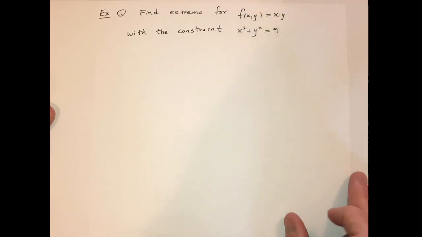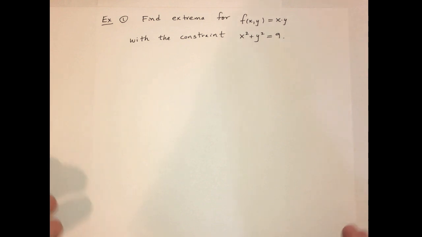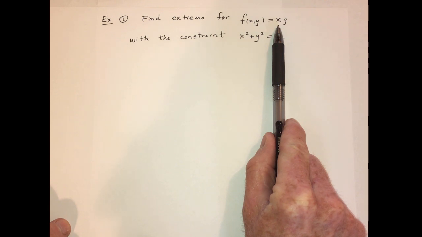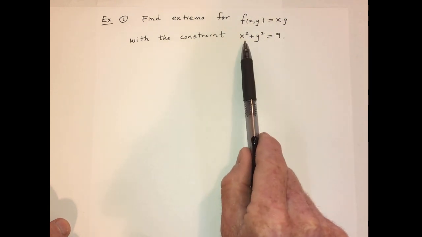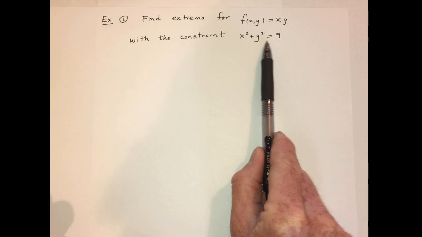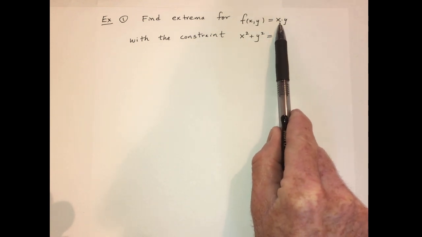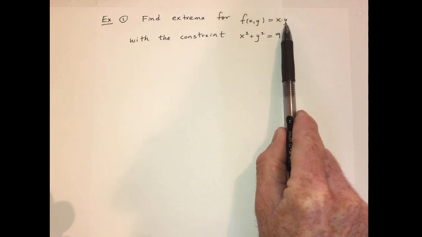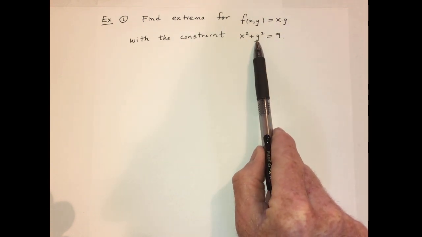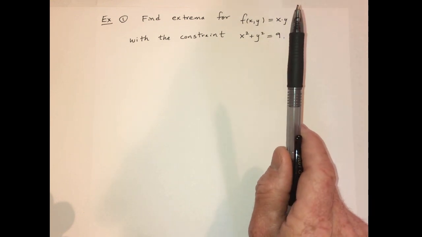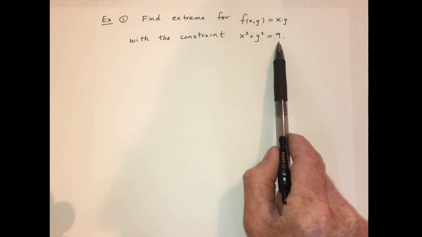And then for example number 1. We'll start off simple, just a nice easy function. The function is just x times y. And the constraint is x squared plus y squared equals 9, a circle with radius 3. So this is a function up in the sky in 3 dimensions, and this is saying walk around the xy plane along a circle of radius 3, looking up to the function for a maximum, or down for a minimum.